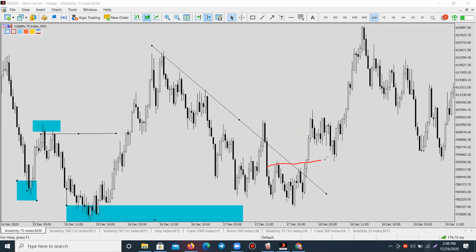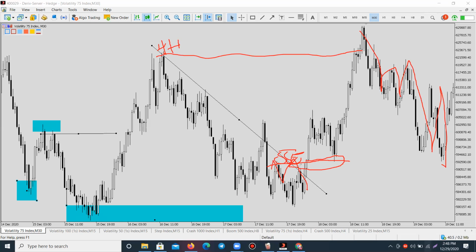At the same time, market creates an SSE, significant supplier engulf, where market tests, breaks to the upside, and returns because of this hidden base. We do what? We buy. The target is what? The H1 IRI. The H1 IRI gets broken, a complex pullback again to where? To the same zone, the one we have there.